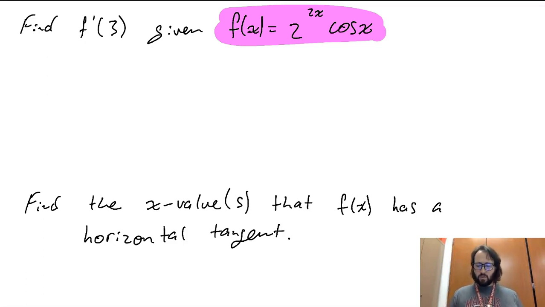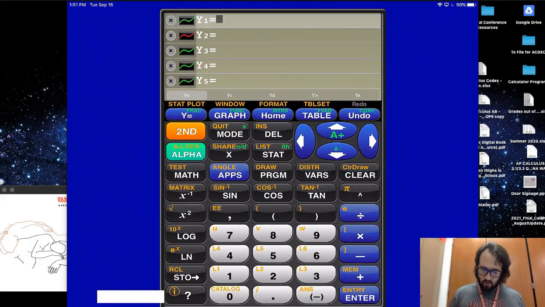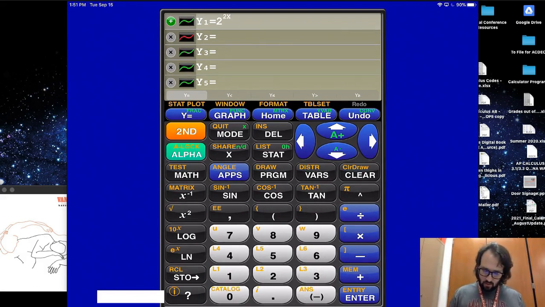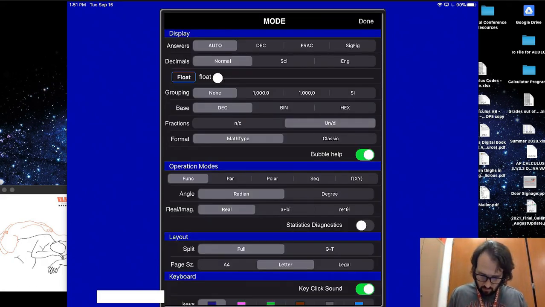So if I go to my graphing calculator, 2 raised to the 2x cosine of x. And I have a trig function, so I'm going to want to make sure that my mode is in radians. Right there on this calculator is where I will check that I am in radians. I see I'm in radians, so I am good to go.